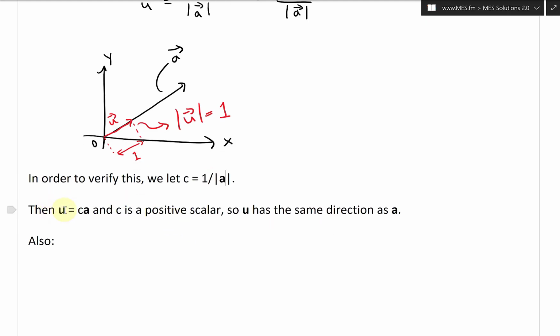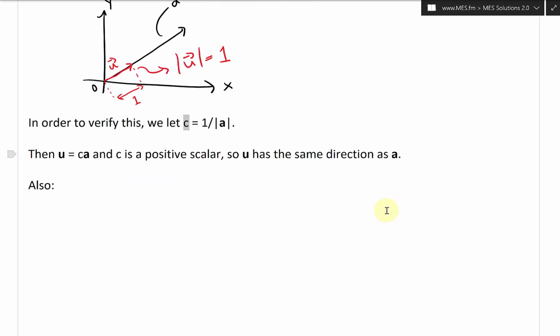Then u, the unit vector, is equal to c, the scalar, times a, the vector, and c is a positive scalar, so u has the same direction as a. It's positive, not negative, because the length is an absolute value, which basically says it's greater than 0.